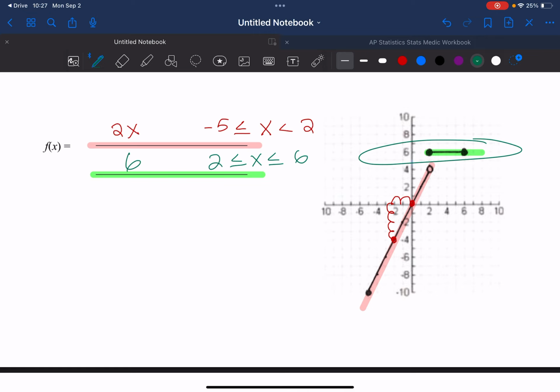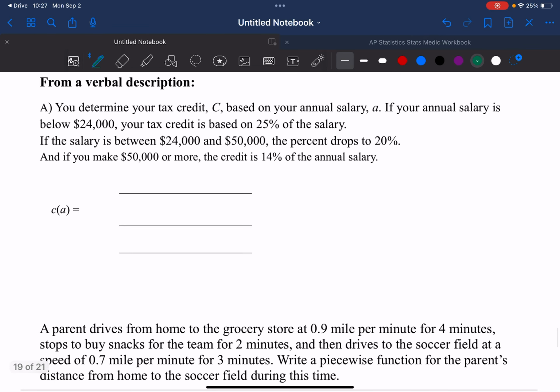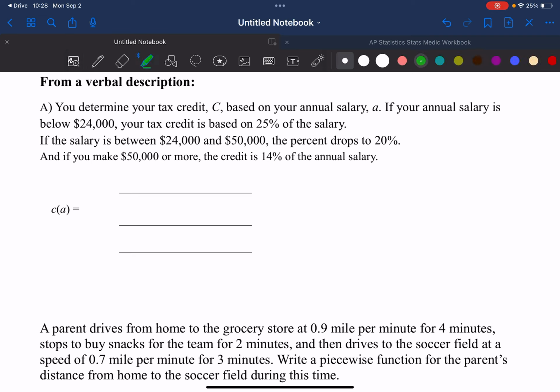Okay, so we took graphs, wrote them into equations. Now we're going to take word problems and write them into equations. And it's not as hard as it seems. Actually a little easier than looking at the graphs. So this one says, you determine your tax credit C based on your annual salary A. If your annual salary is below $24,000, your tax credit is based on 25% of your salary.